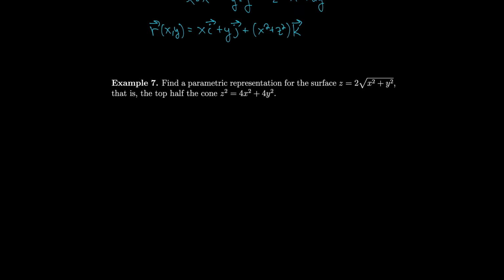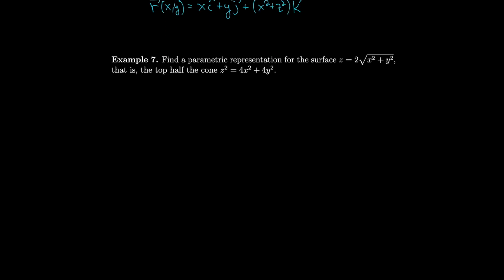So how about we find a parametric representation for the surface z equals 2 times the square root of x squared plus y squared. So it's the top half of the cone, z squared equals 4x squared plus 4y squared. Again, we have z as a function of x and y, so we can just set x equal to x, y equal to y, and z equal to 2 times the square root of x squared plus y squared.